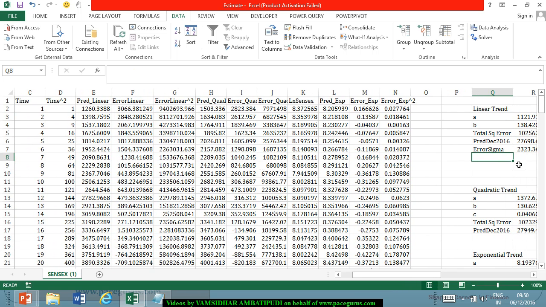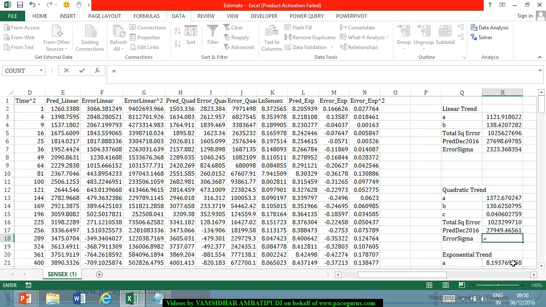So it says the error is to the extent of 2323. Here also I can very well find out what is the error sigma. The error terms are being assumed as normally distributed.